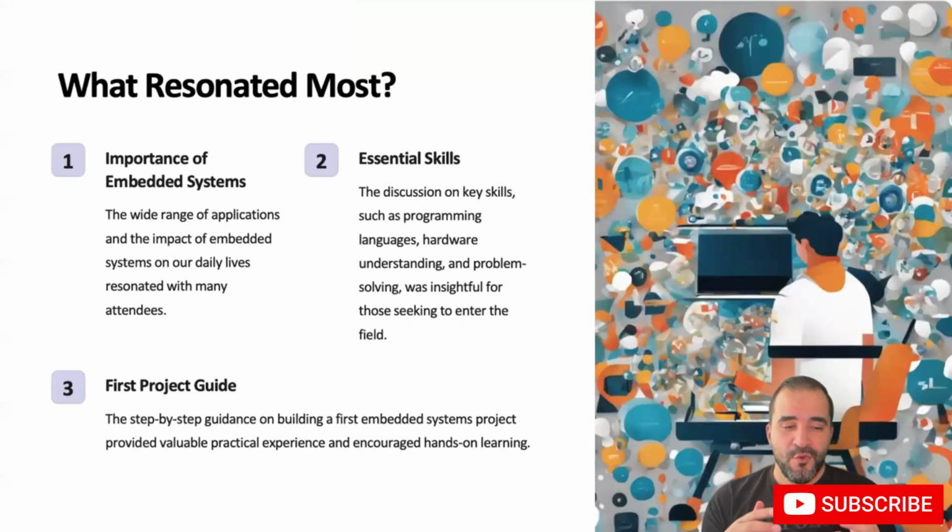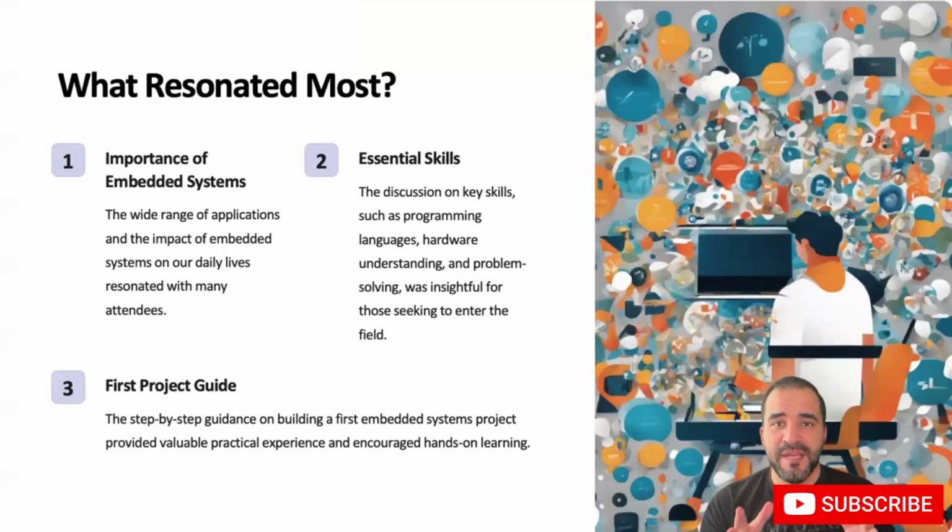Now, what resonated most? The importance of embedded systems. The wide range of applications and the impact of embedded systems on our daily lives resonated with many attendees. The essential skills. The discussion on key skills, such as programming languages, hardware understanding, and problem solving, was insightful for those seeking to enter the field.